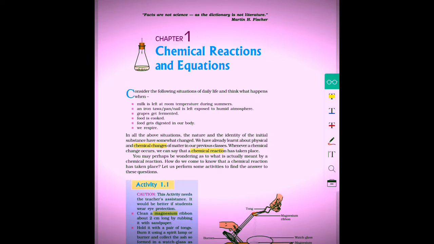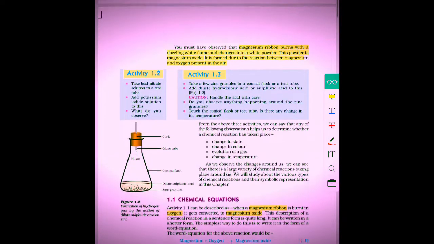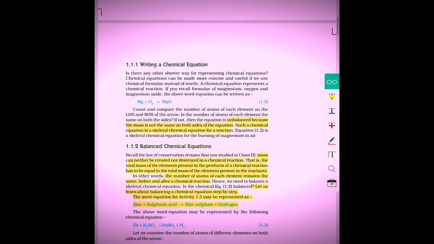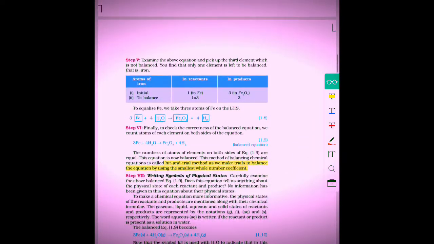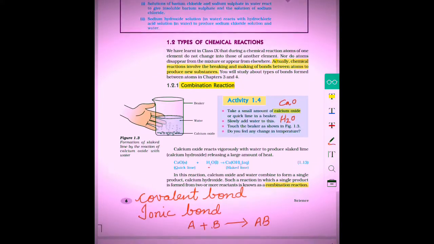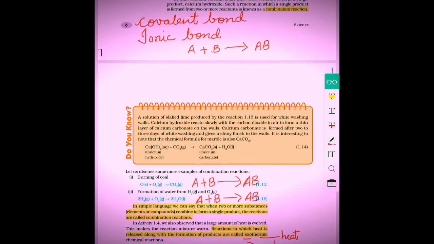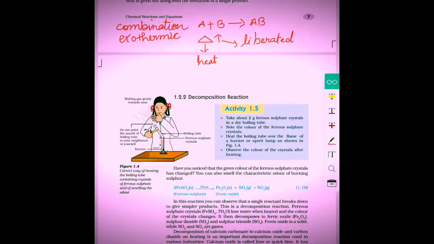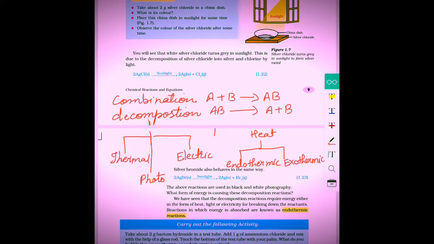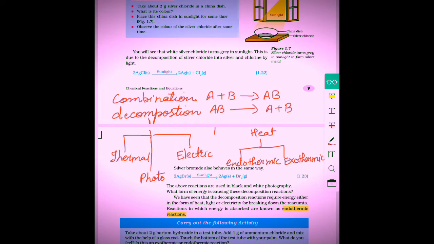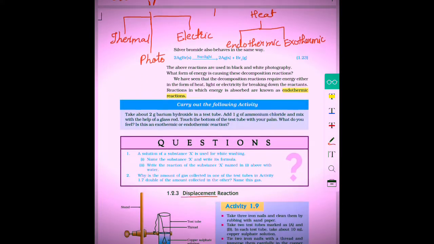We studied what chemical equations and chemical reactions are, and how to write them symbolically. We studied balancing chemical equations, and various types of reactions like combination reaction, decomposition reaction, types of decomposition reaction: thermal decomposition, photodecomposition and electric decomposition, and exothermic and endothermic reactions.